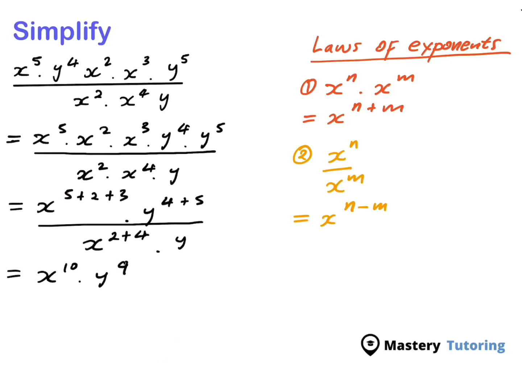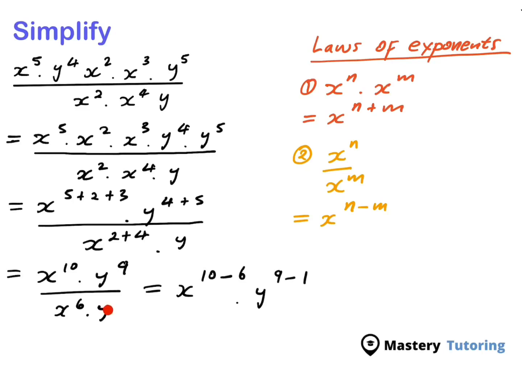As you can see, 5 plus 2 plus 3 is equal to 10, 4 plus 5 is equal to 9, and in the denominator 2 plus 4 is 6, so we have x to the power of 6 multiplied by y. We can apply rule number 2. We take the exponents of the denominator and subtract them from the exponents of the numerator. So this becomes x to the power of 10 minus 6, because these two have the same base, multiplied by y to the power of 9 minus 1.